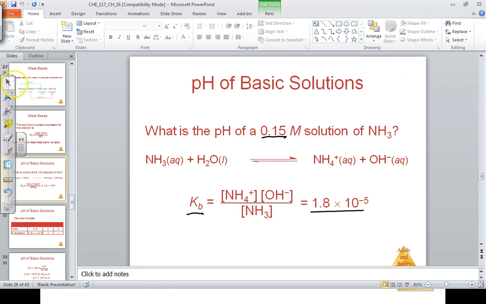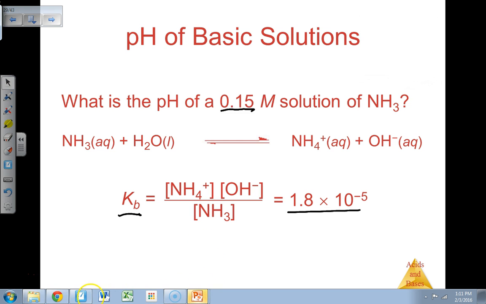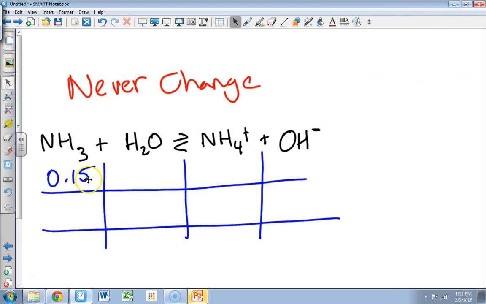Okay, so that's cool. Okay, and now water. Do we worry about water? No, because water is a liquid. It's not aqueous, nor is it a solution, or is it a gas? And then how much ammonia do we have to begin with? 0. How much hydroxide do we have to begin with?